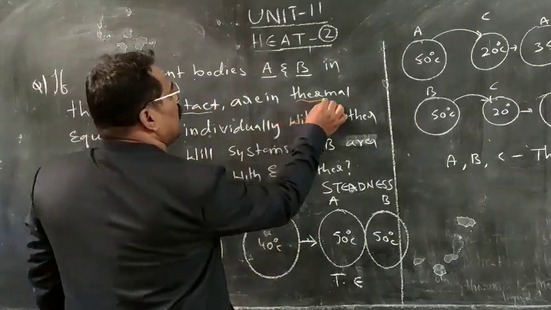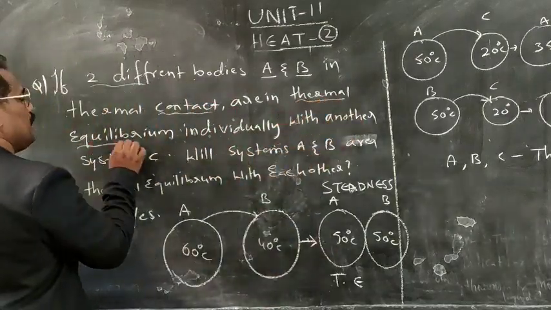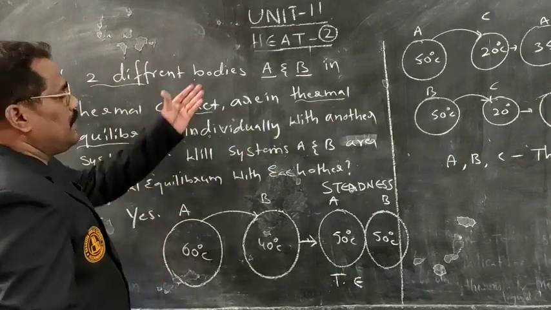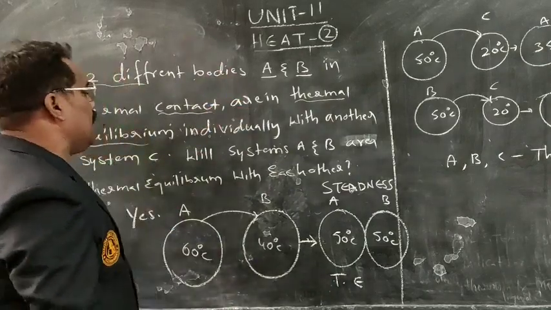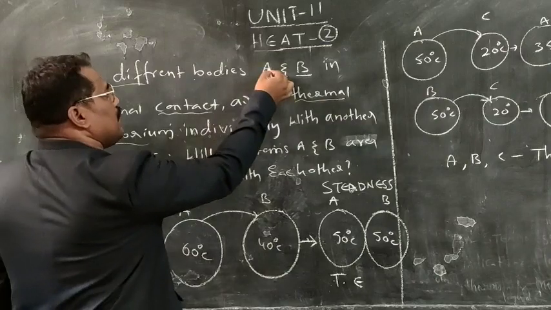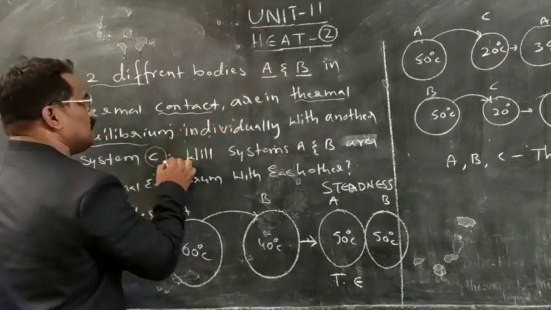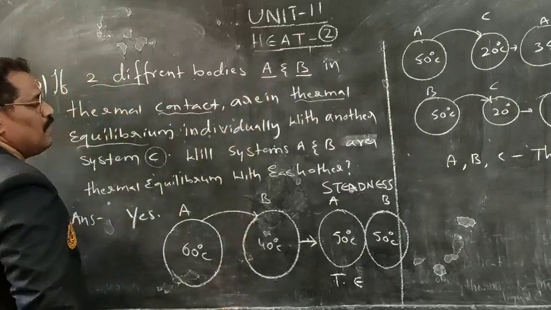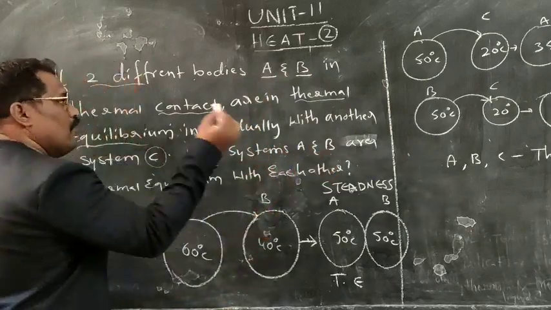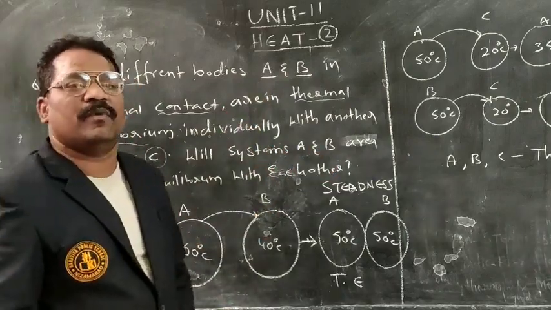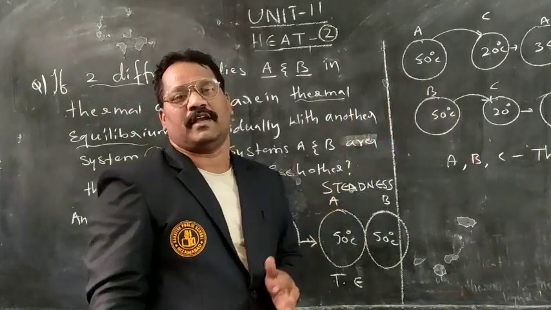We know that thermal equilibrium will be attained. After attaining thermal equilibrium, if you individually bring another body C into contact with A as well as B, will A and B be in thermal equilibrium or not? We have to justify that.